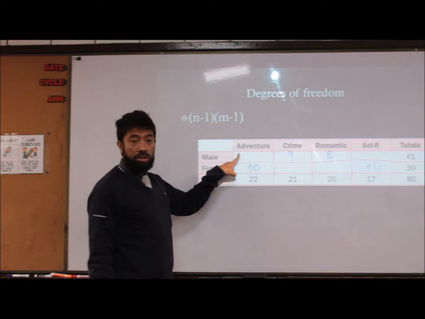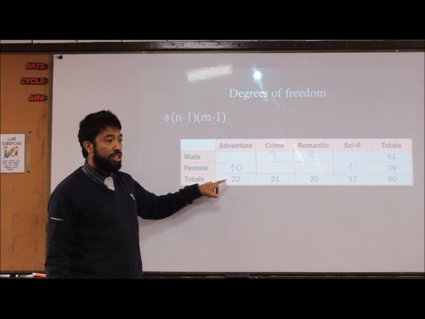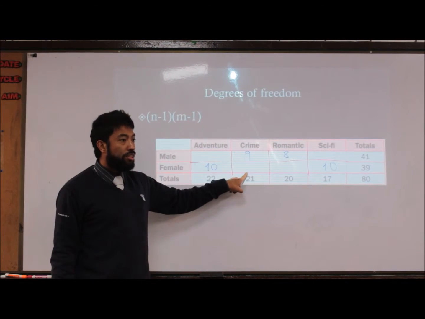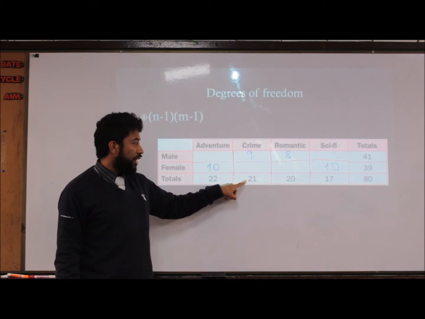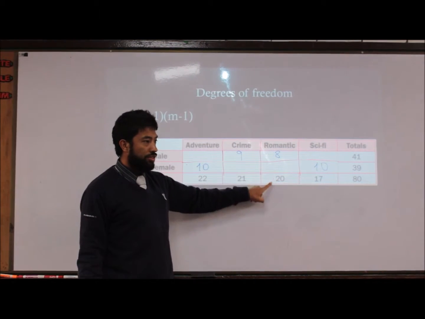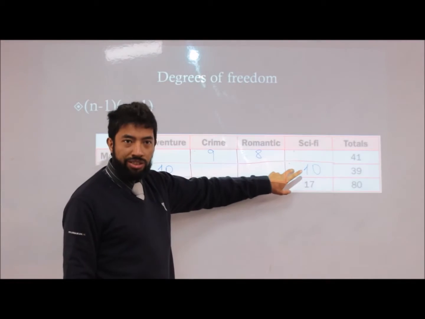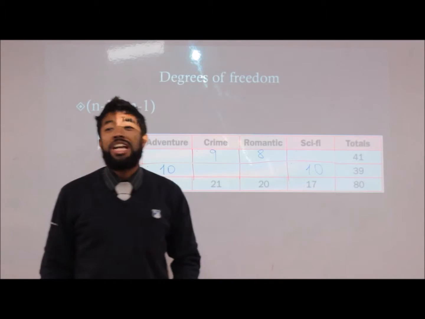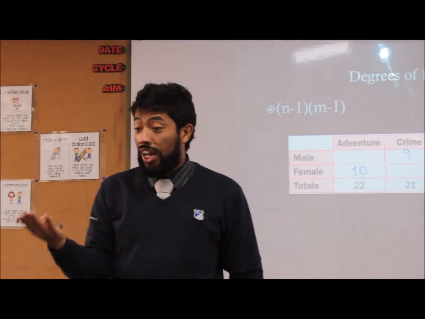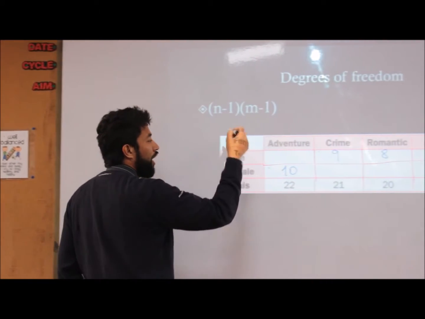The value here must be found by subtracting this from this. The value here, this minus this. And the value here, this minus this. So how many values could you assign randomly, freely? 4 values.